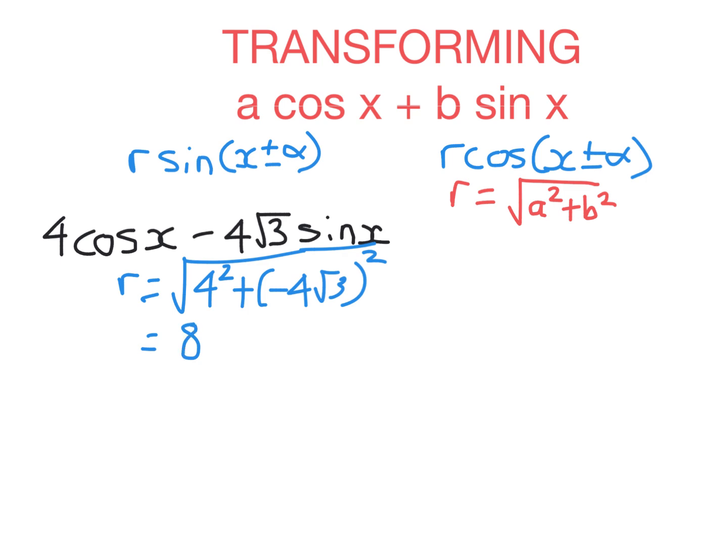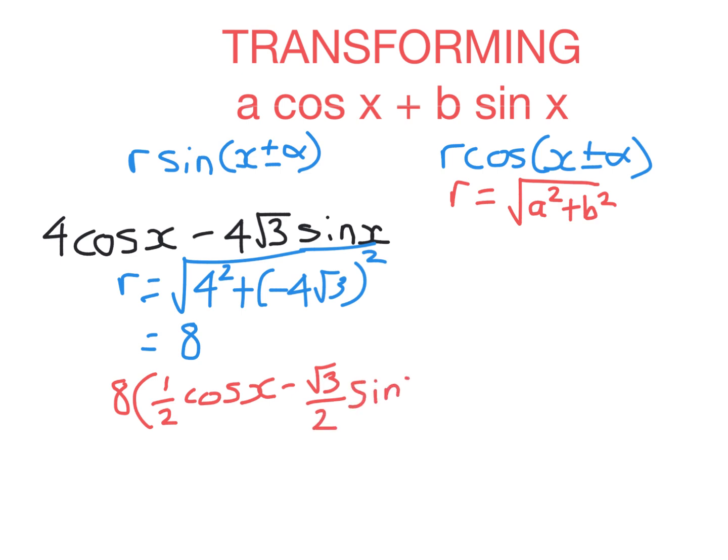We ignore the negative square root. Now what we do is we put this 8 out the front and we divide each term by 8. So we get a half cos x, because 4 divided by 8 is a half, and minus 4 root 3 over 8 is just minus root 3 on 2.